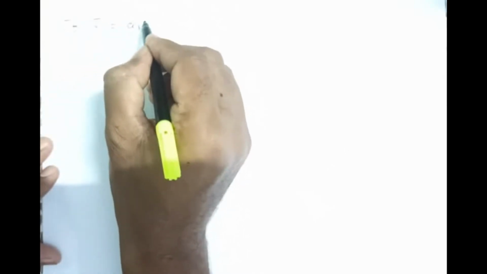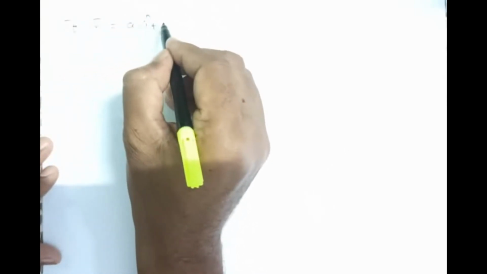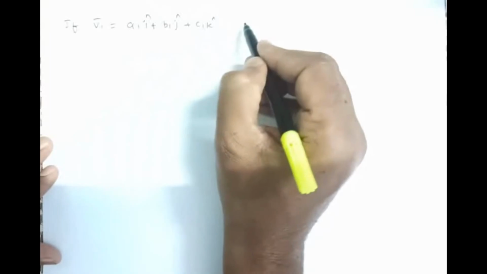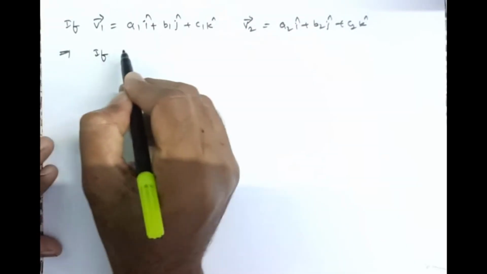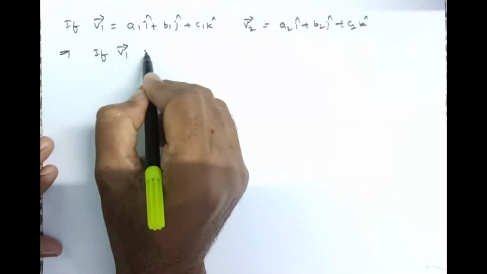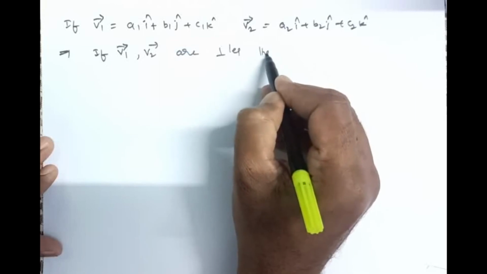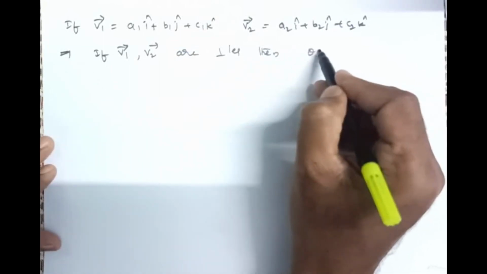Now if v1 bar is equal to a1 i plus b1 j plus c1 k, and v2 bar is equal to a2 i plus b2 j plus c2 k, and v1 bar, v2 bar are perpendicular, then the condition is theta equal to 90 degrees.